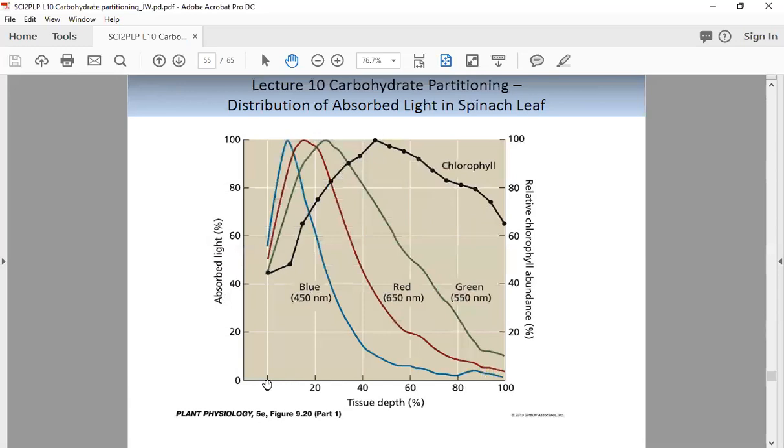So this would be the upper surface of the leaf, a low level of chlorophyll, and then as we get deeper into the leaf, about midway in the leaf, we have maximum chlorophyll content, and then it decreases as we get to the bottom of the leaf, but still quite high relative to the chlorophyll content right here. So that's quite interesting that they've actually determined that.